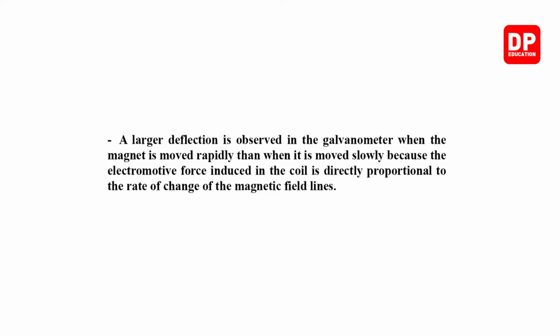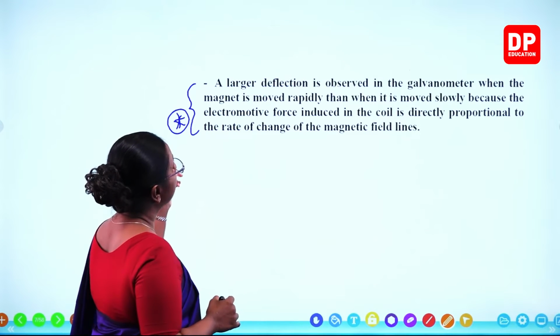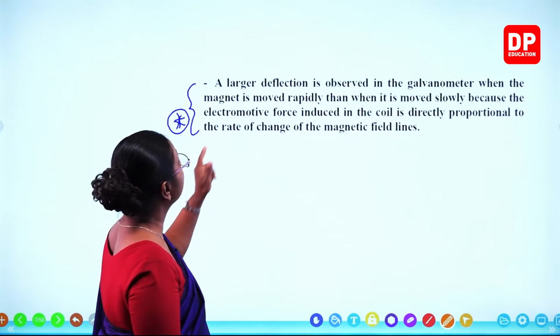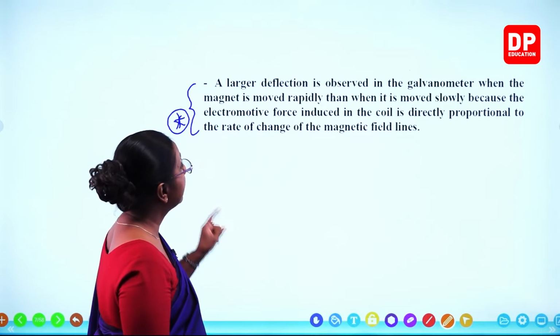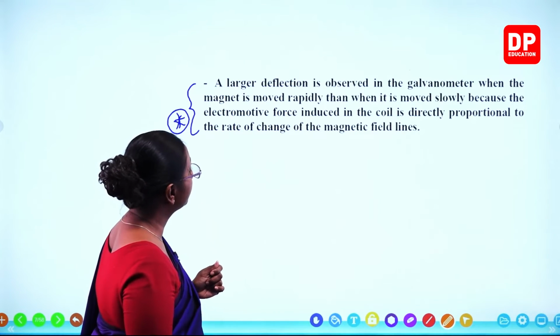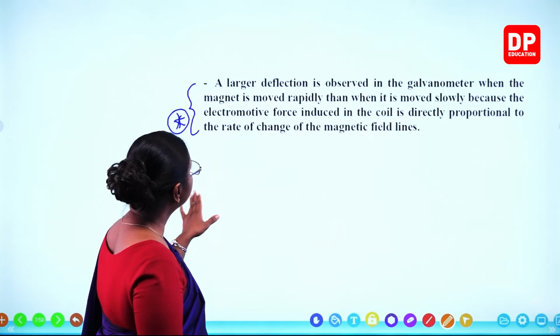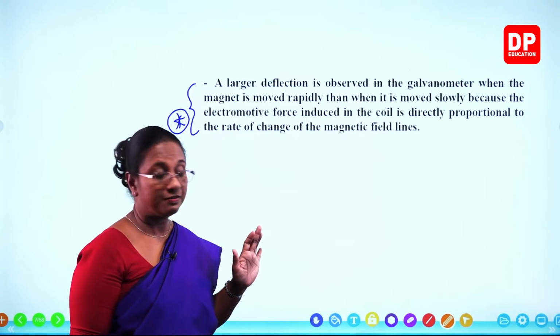And here you can see a larger deflection is observed in the galvanometer when the magnet is moved rapidly. So, this is also important, the last two steps. A larger deflection when the magnet is moved rapidly than when it is moved slowly, because the electromotive force induced in the coil is directly proportional to the rate of change of magnetic field lines.